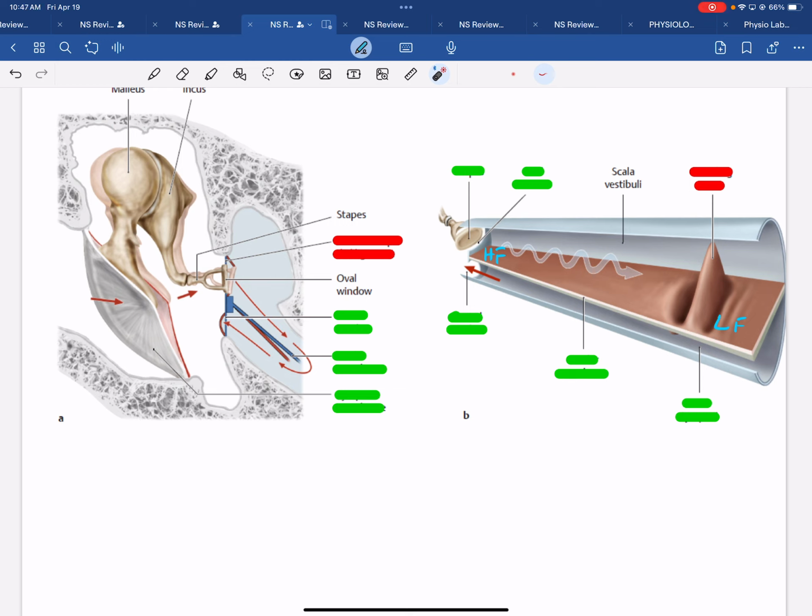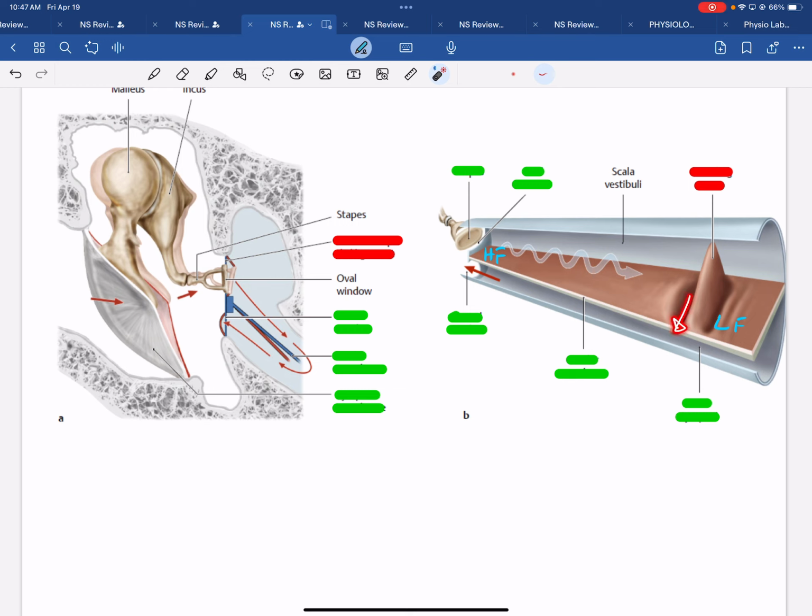Versus low frequency vibrations, they don't have enough energy to deflect this portion of the basilar membrane, so they have to travel through the scala vestibuli before they can cause the deflection of the basilar membrane.